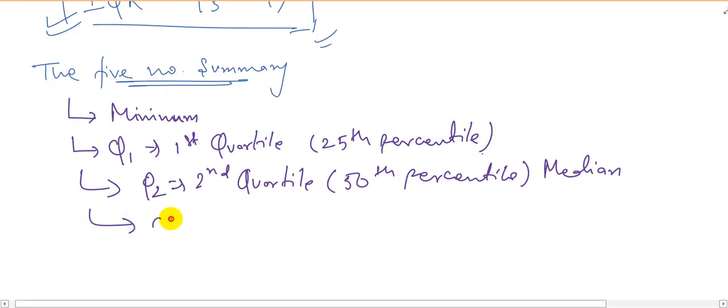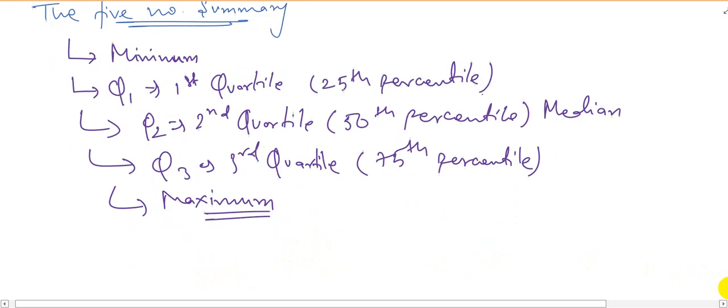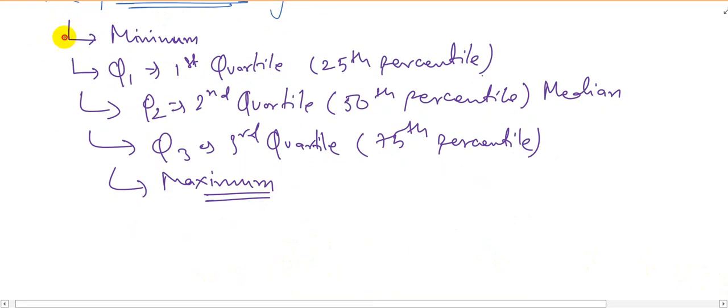The next thing is Q3, which is the third quartile, the 75th percentile, right? And the last thing is the maximum, which means the greatest value in the data set. So these are 1, 2, 3, 4, 5 in number, and these things constitute the 5-number summary.